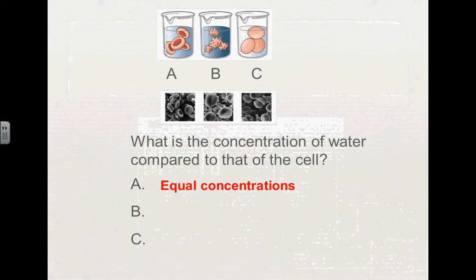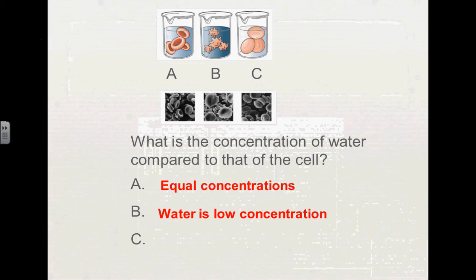Now in beaker B, we've taken these same cells, but now they were placed in a solution that was very high in salt, a very high salt water concentration. Let's say it was 90% water, 10% salt. So now there's a lower concentration of water in this beaker.